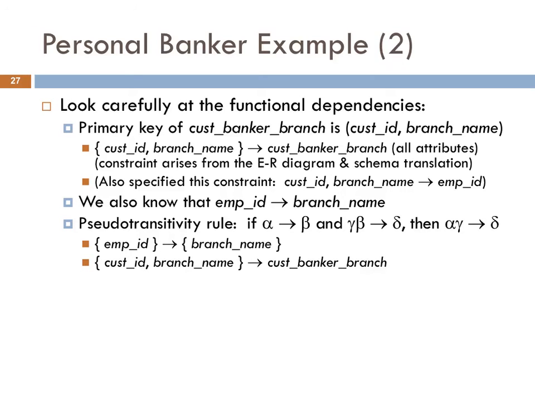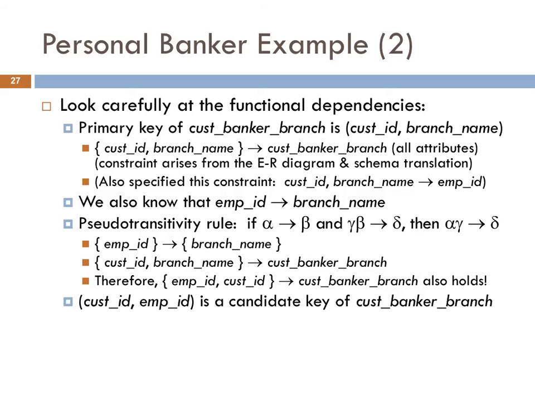Pseudo-transitivity: employee ID functionally determines branch name, customer ID branch name functionally determines the entire thing. So from that, we can infer that employee ID, customer ID, the combination, order doesn't matter in this case, functionally determines the entire schema. So we know that customer ID, employee ID, that combo also is a candidate key.